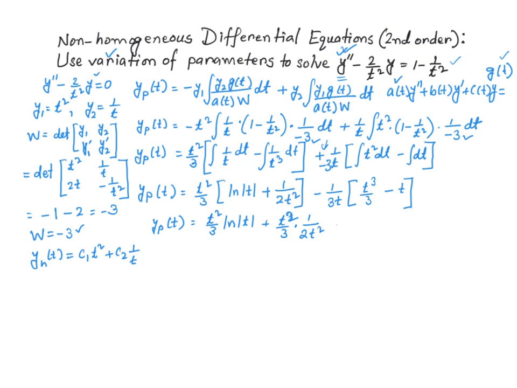Then this one is going to be negative 1 over 3t times t cubed over 3 plus 1 over 3t times t. Hopefully I haven't made any mistake, because it's very, very easy to make mistakes when you write it out. Okay, so that's going to give me t squared over 3.